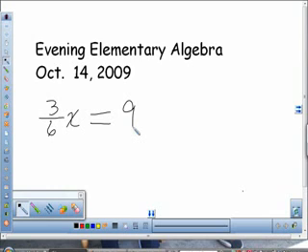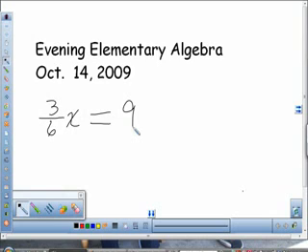So to undo multiplication, we will use division. Now be careful here. When you divide by a fraction, what do you do to it? You multiply by the reciprocal. So to divide by 3/6, I need to multiply by its reciprocal. What is the reciprocal of 3/6?